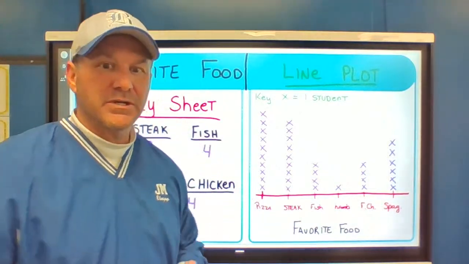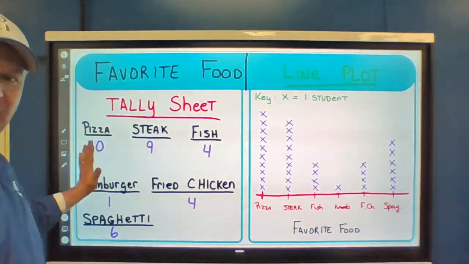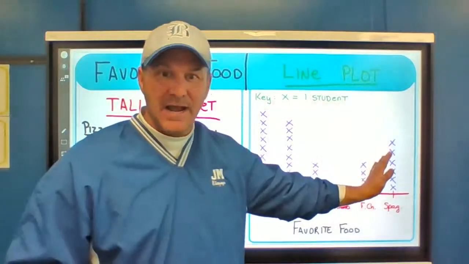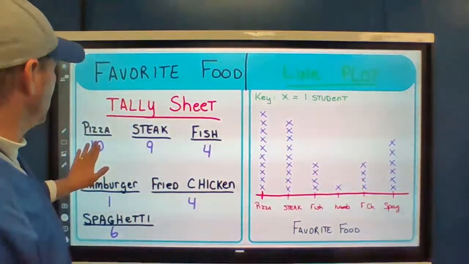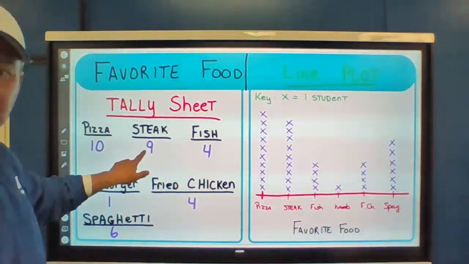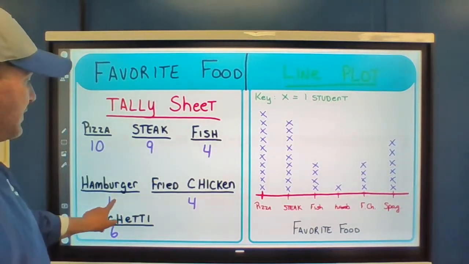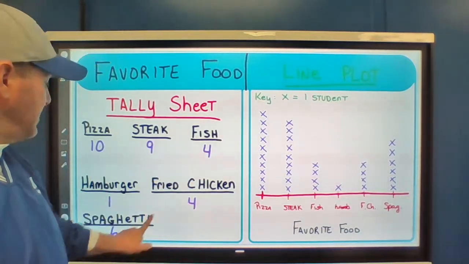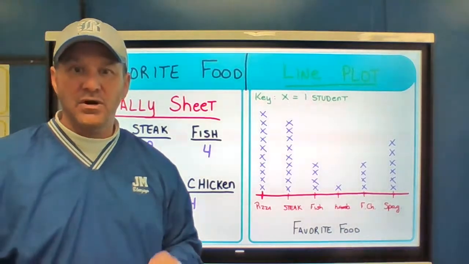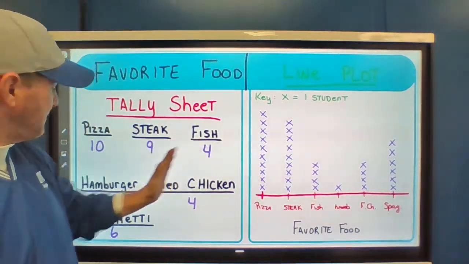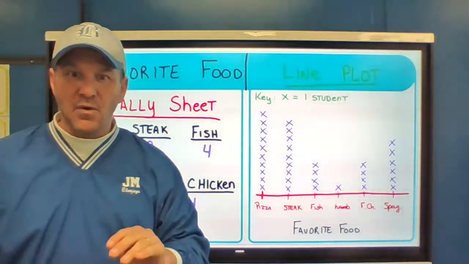One thing that's really critical, whatever you have number-wise over here, it has to match here. So 10, 19, 23, 24, 28, 34 students. So if you add up every participant, you would have 34.